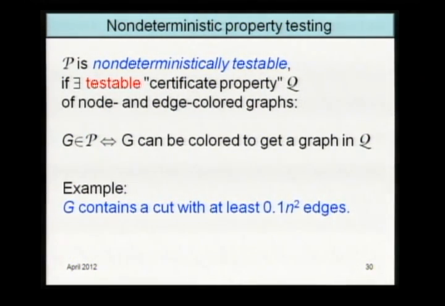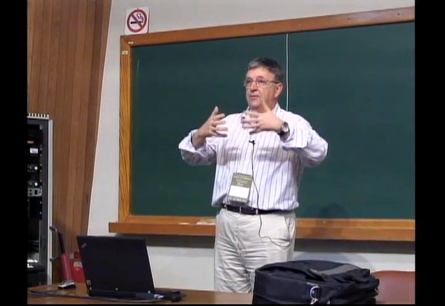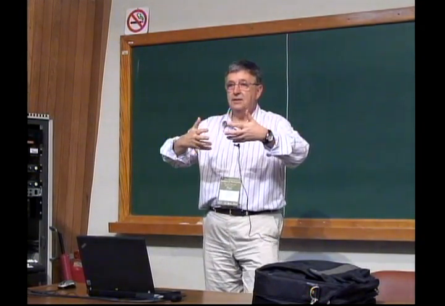So let me give an example. Suppose that the property is that this graph contains a cut, so you can split the points into two classes, so that there are many edges in between, say at least n squared over 10 edges going across. So why is it non-deterministically easy to test?